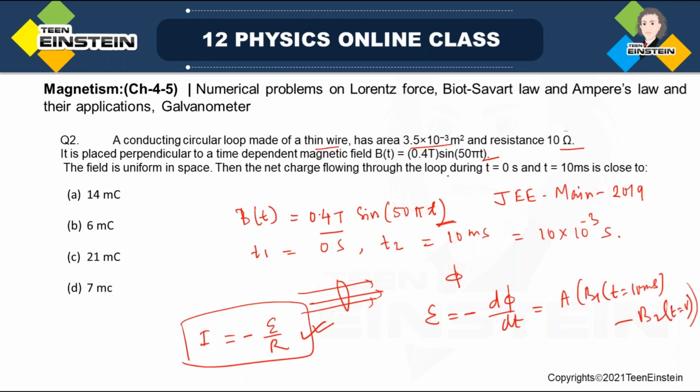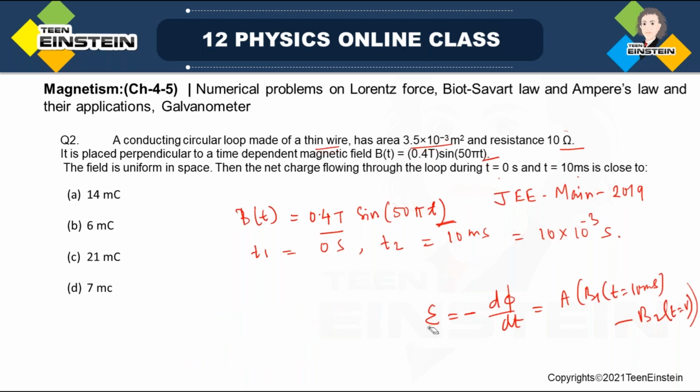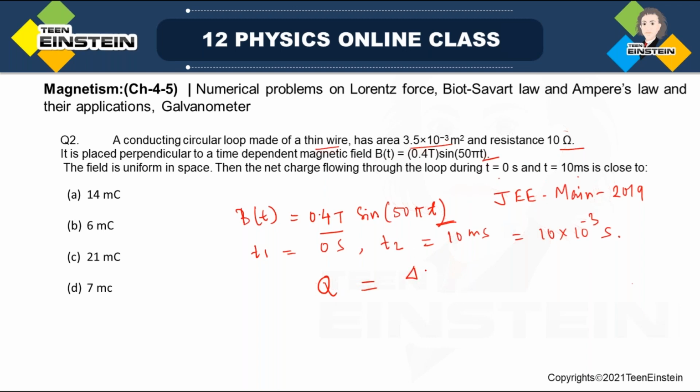So the net charge flowing through the loop during this time, we can find out as the change in the flux divided by the resistance. So charge flowing during this time will be d phi, the change in the flux, divided by R.